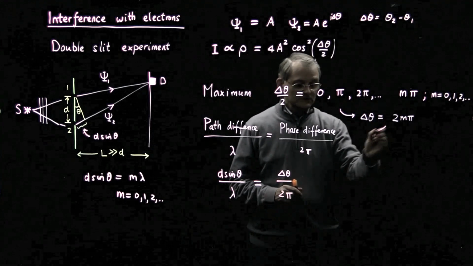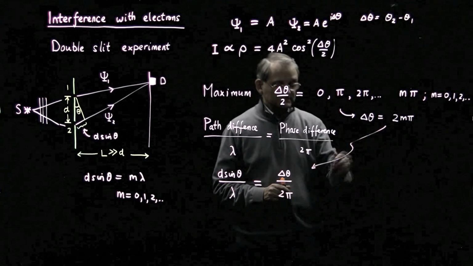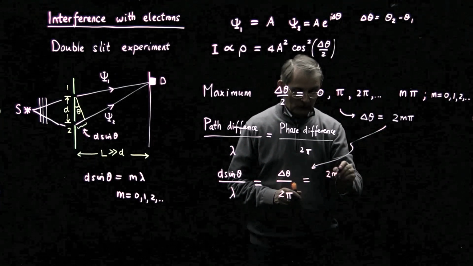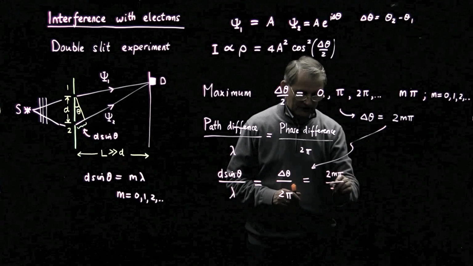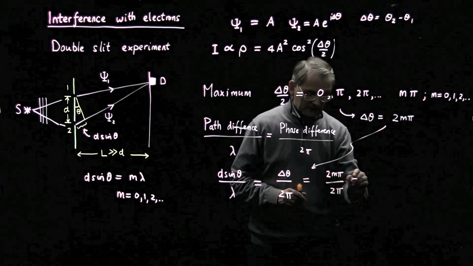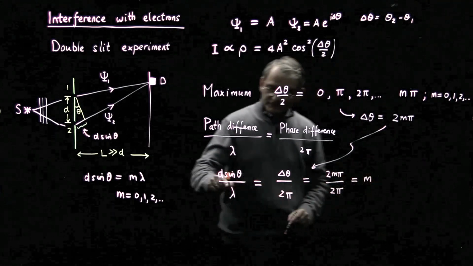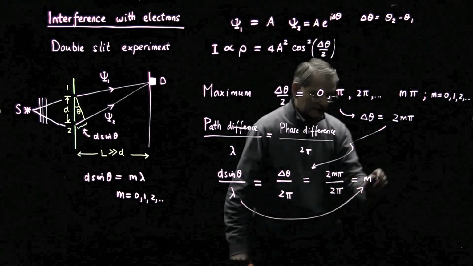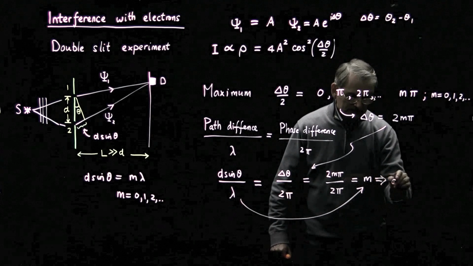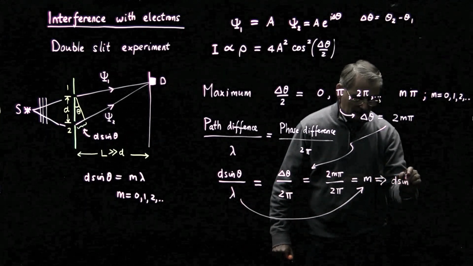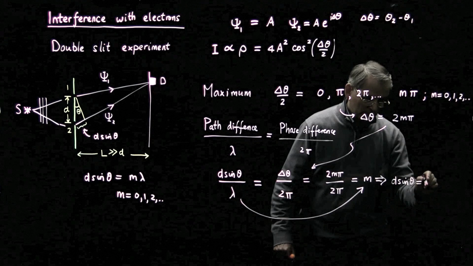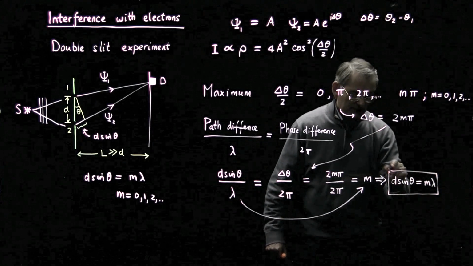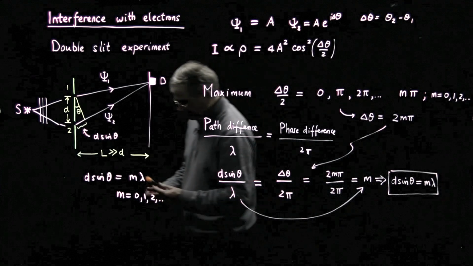We've seen from the earlier relationship that the phase difference is just 2m pi. If I divide through by 2 pi, this just gives me m. And if I rearrange this, I get the following: d sine theta is equal to m lambda, which is, of course, the relationship that we got from purely geometric considerations.